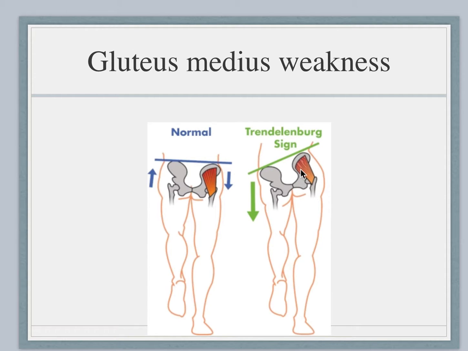If there's a weakness, like in this case, if this muscle is weak, when you stand up on the weakened side, that muscle normally would contract and keep the pelvis straight, but if it's weak, the pelvis dips down on the opposite side. That's called a Trendelenburg gait, or Trendelenburg sign. That's due to weakness of the gluteus medius muscle.